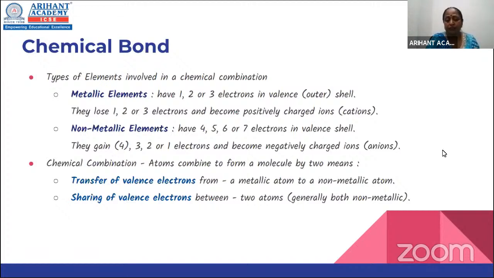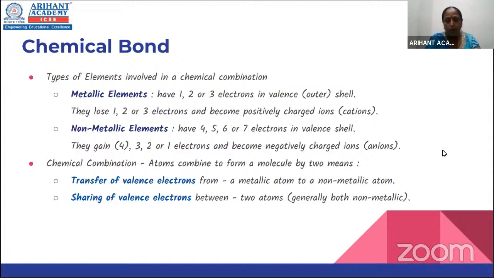And 4 would be a metalloid mostly, but it sometimes also falls under the non-metal category. 5, 6, 7 in the valence shell, of course, they would gain electrons and become negatively charged ions. So metals give up electrons and become electropositive. Non-metals accept electrons, and since the atom is neutral, if it accepts electrons it will obviously become electronegative.